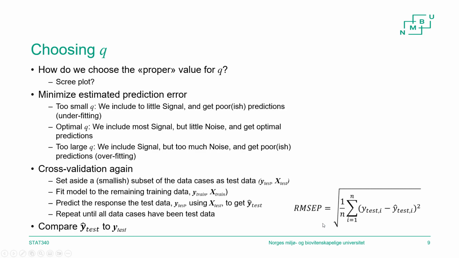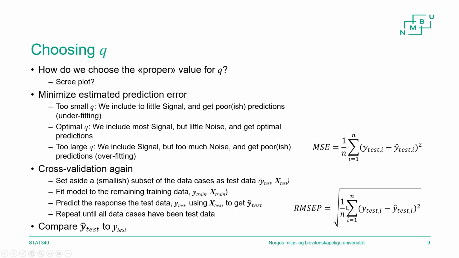And then we compare these two in the end. How do we compare them? We saw last week this MSE. This is just the square root. It's called RMSEP. These criteria are more or less the same; they come up with different acronyms. Root mean square error of prediction. But we saw last week we called it just MSE when it had no square root. Actually, I wrote it here.